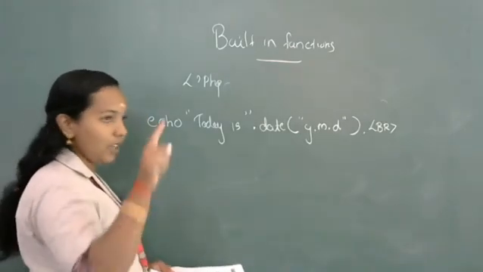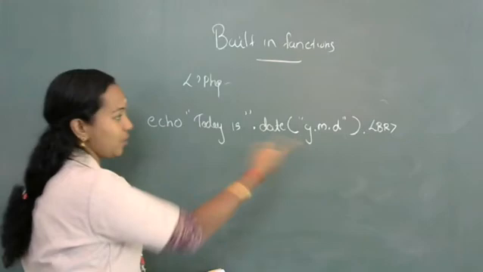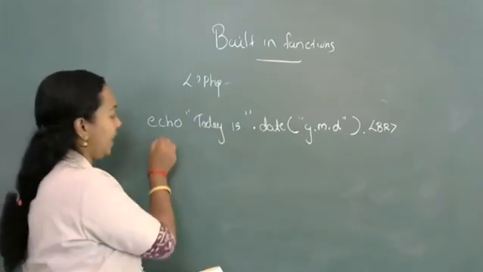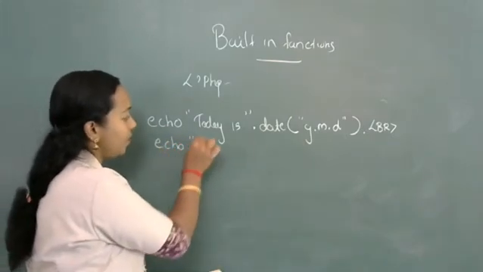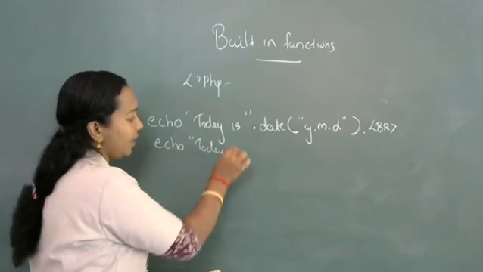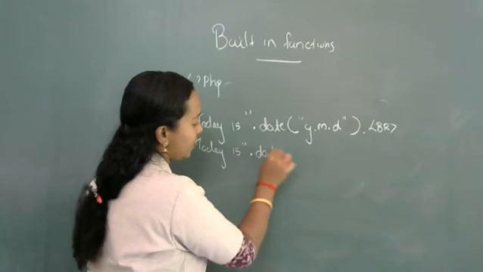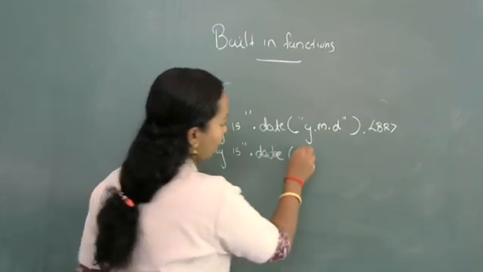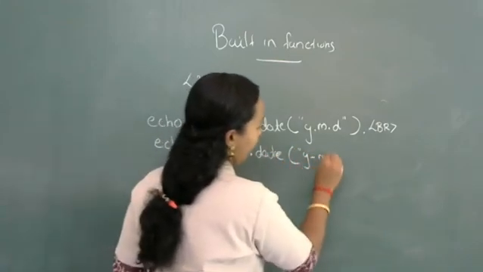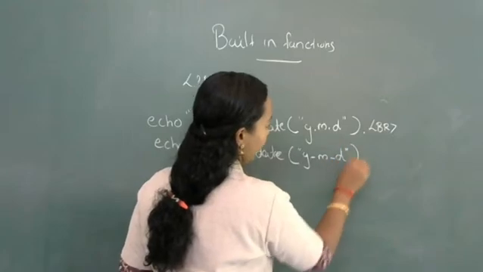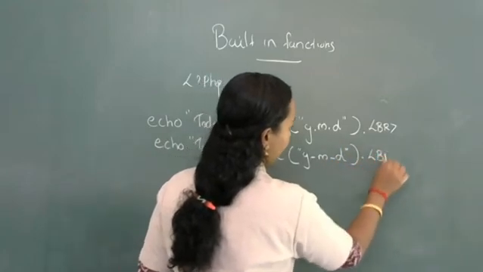In the second example I am going to use the hyphen. BR is for the next line. Echo "today is", dot, date of Y hyphen m hyphen d, dot, br.